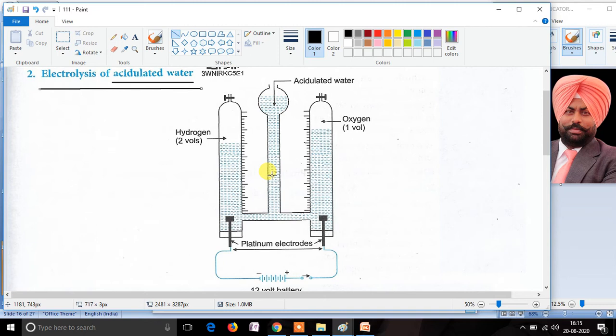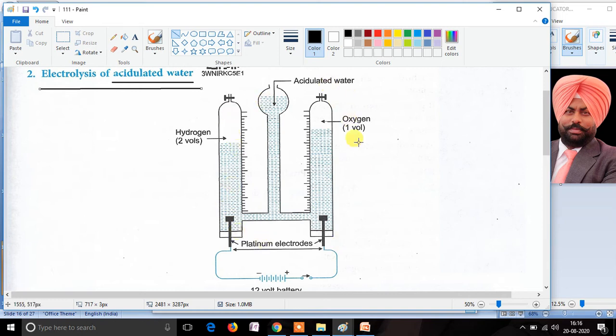Just remember that in our previous videos, we discussed the preferential discharge of ions when there were two or more cations and two or more anions. We discussed that not all cations migrate towards the cathode and not all anions migrate towards the anode, but a single cation and a single anion will migrate towards the cathode and anode, and it all depends upon the theories that we discussed in the previous videos.